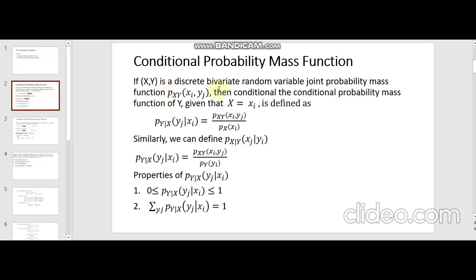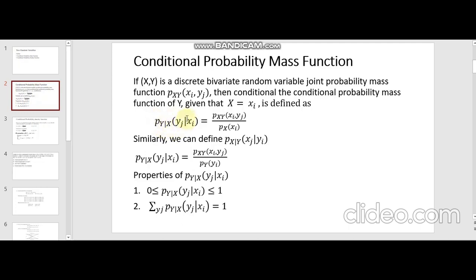If x and y is a discrete bivariate random variable with joint probability mass function, which we define as p sub xy of x and y, then the conditional probability mass function of y given X equal to small x is defined as p of y given x.